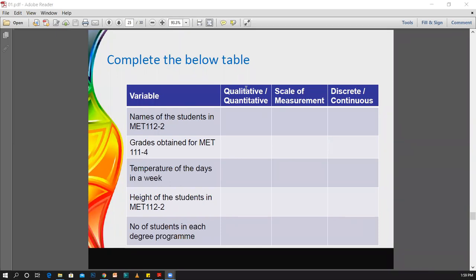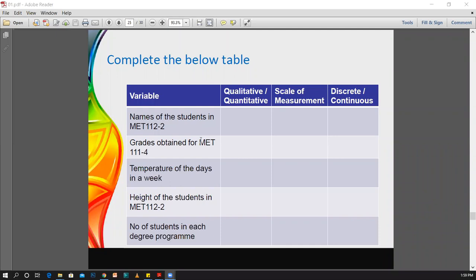First of all, we will fill the second column, whether it is qualitative or quantitative. If you look at the first variable, names of these students, definitely it should be a qualitative variable, because names do not have any numeric values. Next, grades obtained for the course.